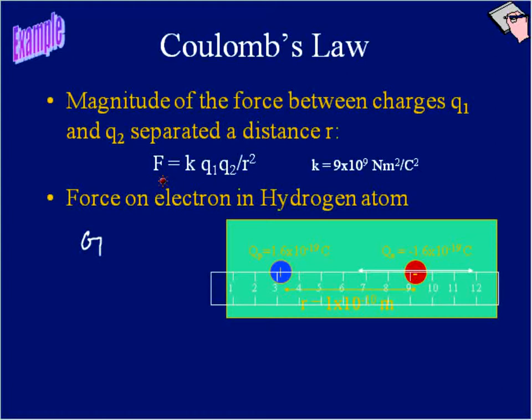While this is valid for point charges, we can prove later on that it is also valid for spherical charge distribution, spherical symmetrical charge distribution, whether that sphere is solid or hollow.